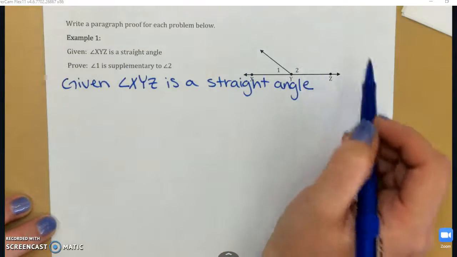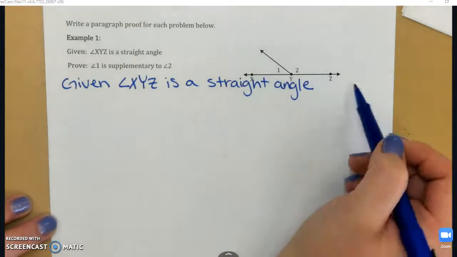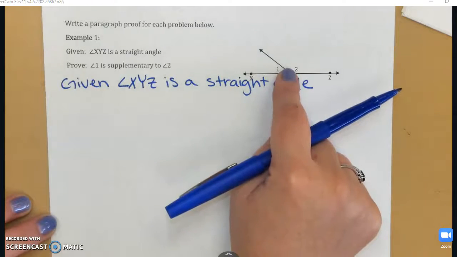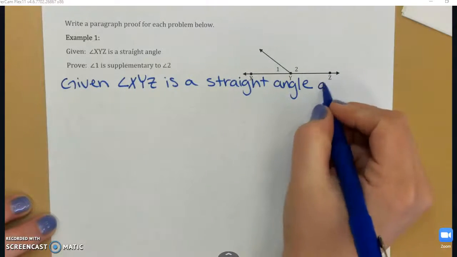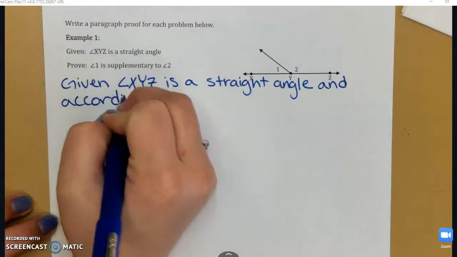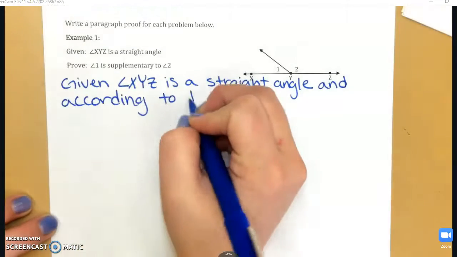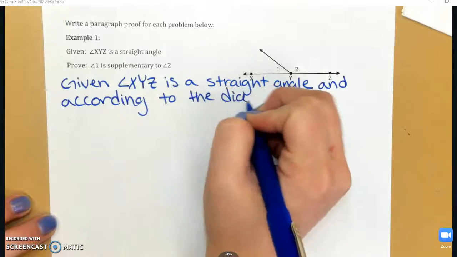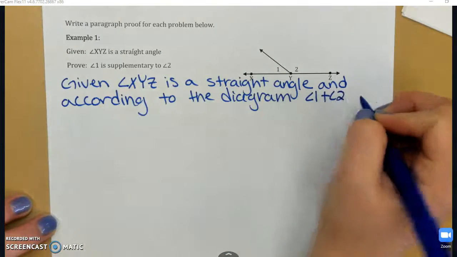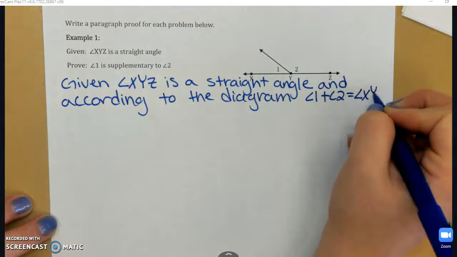I can only infer information about those two angles from the diagram. And the diagram tells me that those two angles together form angle XYZ. So, according to our diagram, angle 1 plus angle 2 forms angle XYZ.